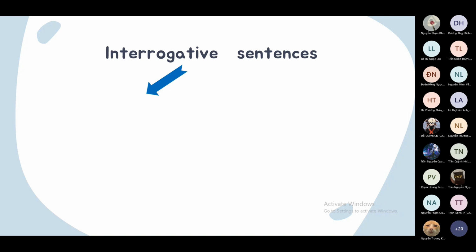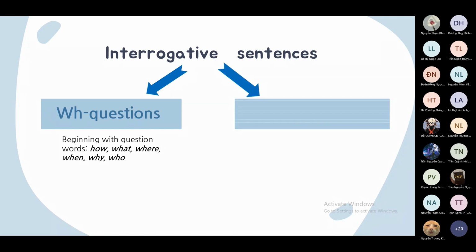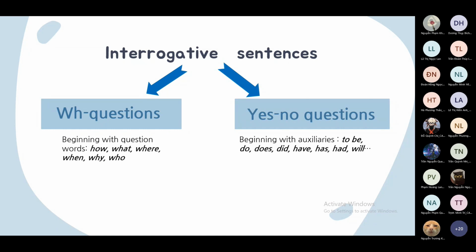An interrogative sentence is a type of sentence that asks a question. Interrogative sentences are typically marked by inversion of the subject and predicate, that is, the first verb in a phrase appears before the subject. There are 2 types of interrogative sentences, which are WH questions and yes/no questions.